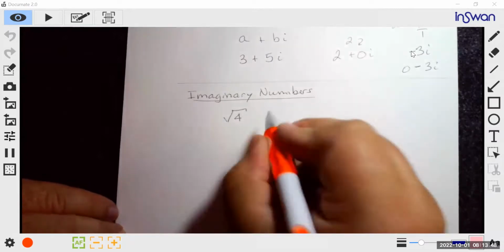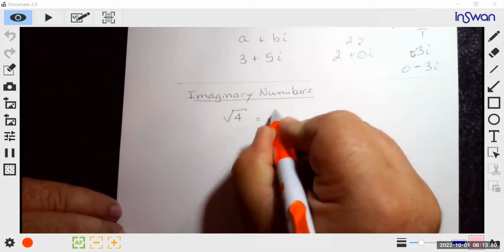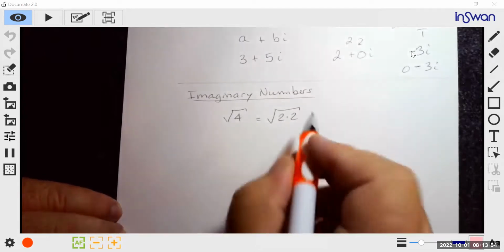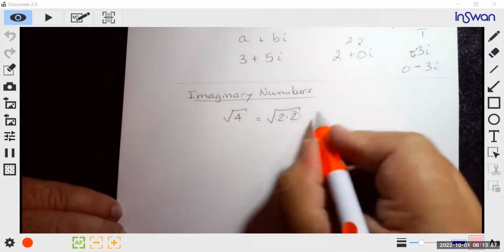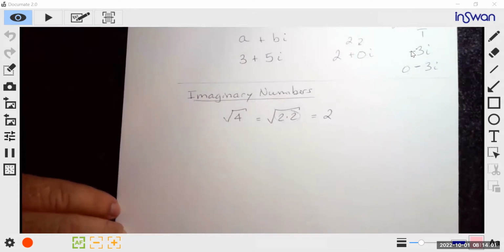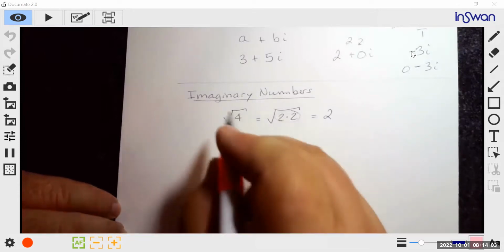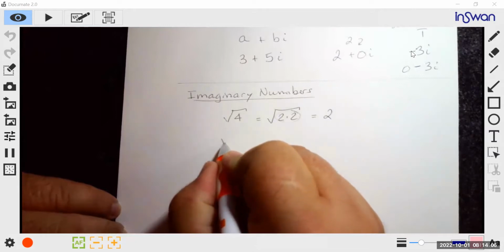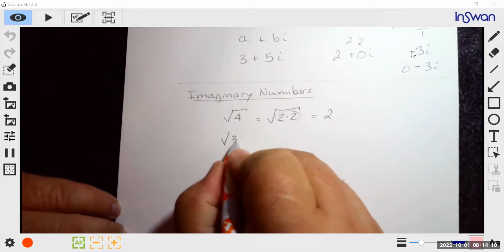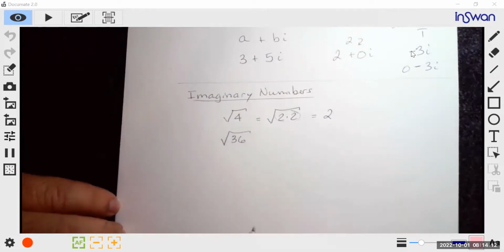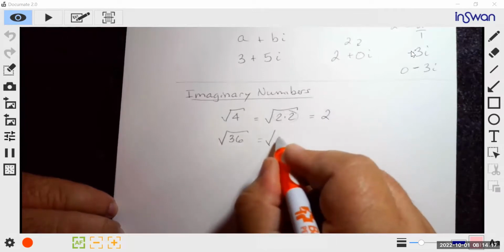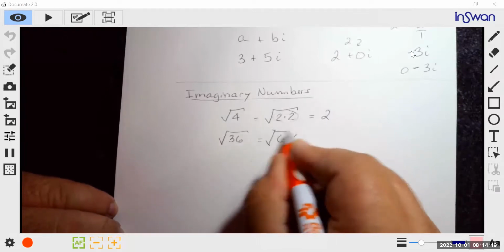We know the square root of 4. 4 is the same thing as 2 times 2. Since you have the same number written twice, it can be pulled outside, and so it equals 2. So 36. 36 can be written as 6 times 6.